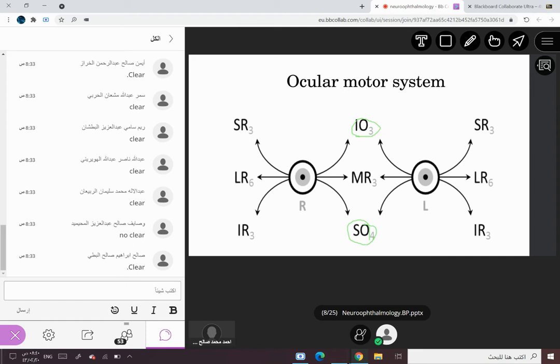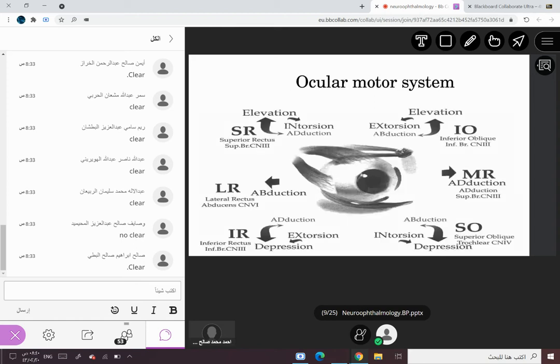Superior oblique is here and inferior oblique is there, only to help in understanding the action of these oblique muscles. In reality the inferior oblique is down and the superior oblique is up, but this picture will help you in understanding the action, as in this example.